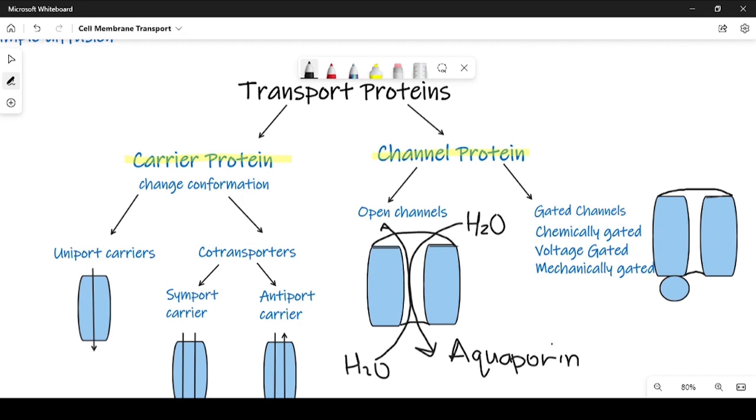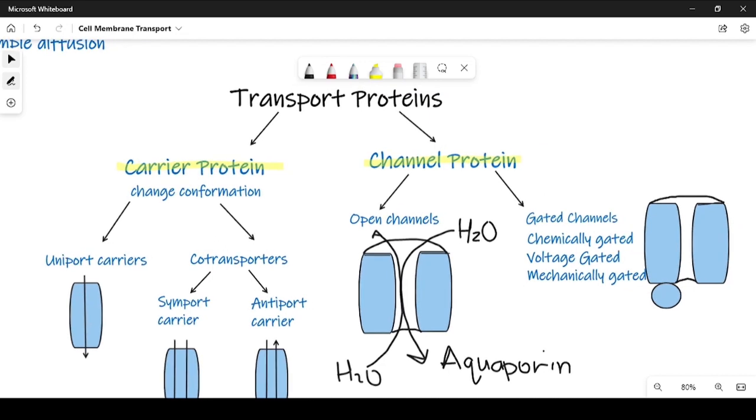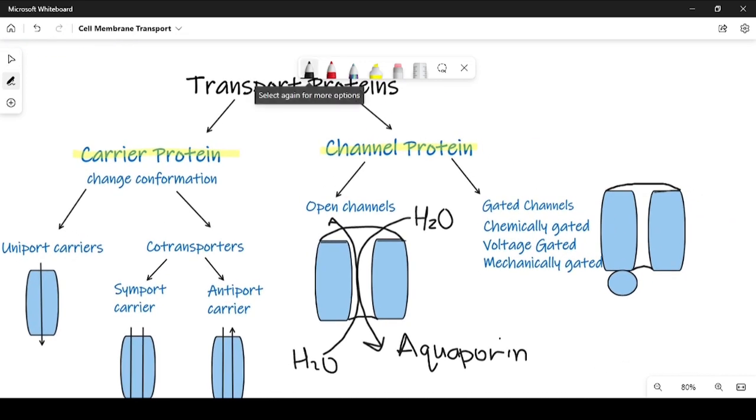Next we have gated channels. A gated channel is like an open channel, but it's regulated. It is controlled by chemical, voltage, or mechanical pressure. So the cell tells the transporter when it doesn't need the molecule to shut it closed. For example, here the molecule enters freely when the gate is open.